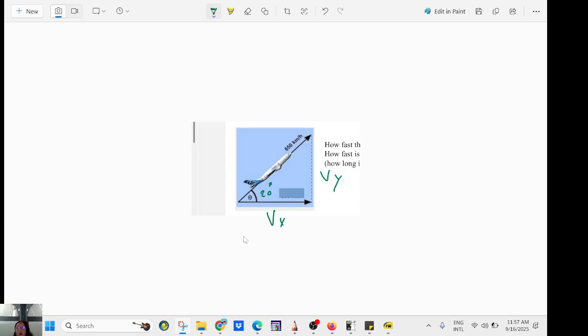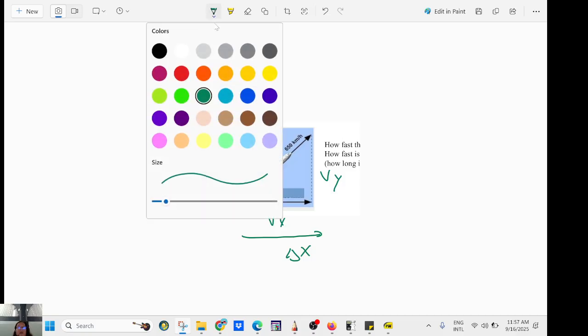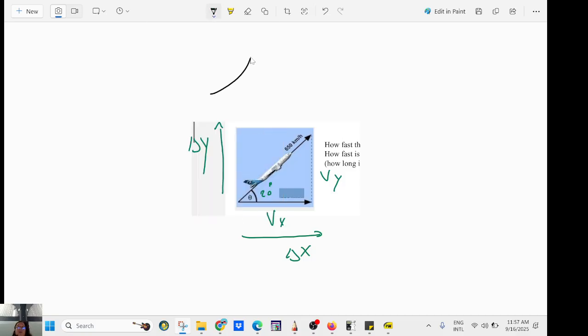So it's moving forward, so it's going over delta X, and it's moving upward. So imagine you have the sun here, so you're gonna have a shadow. The shadow of the airplane is going to move forward at a constant velocity, say, and at the beginning.